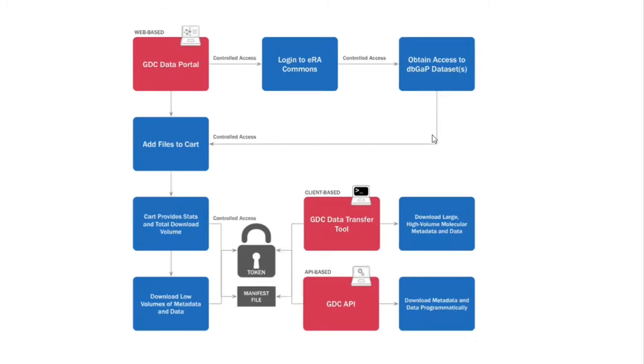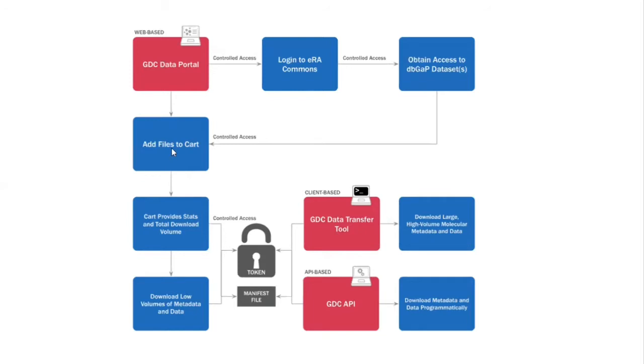So for controlled access we need to add those files in the tab I have shown you, the chart tab. There we have to click and save our files in the chart. After saving those files and after getting this token, only then can we use this particular option, only for controlled access.